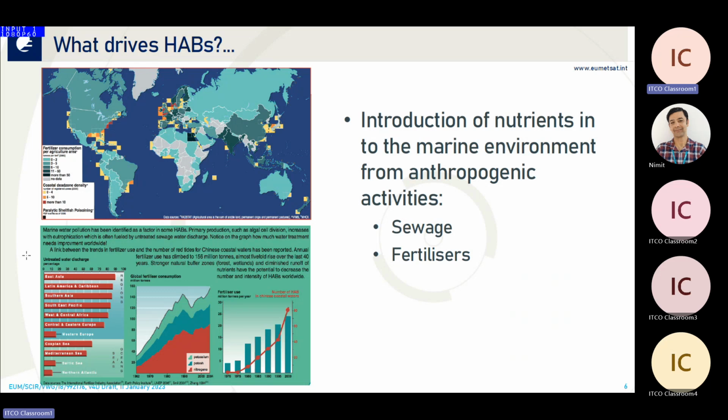And when we have a strong natural buffer zone, when we have a forest, when we have wetlands, and a diminished runoff of nutrients, there is a clear decrease in the appearance of these HABs worldwide. And you have here a map with some of the areas where more of these types of HABs have been detected.